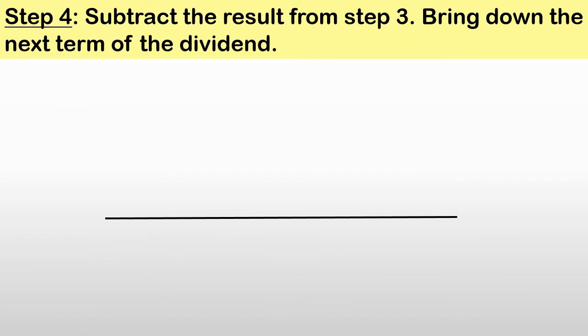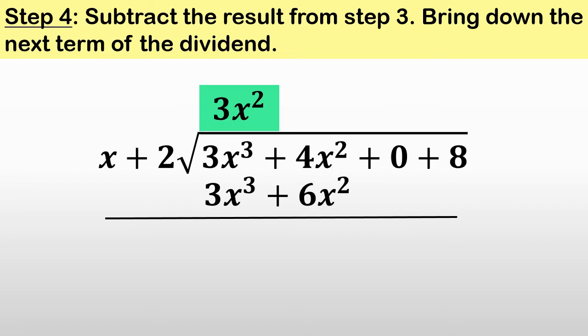Bring down the next term of the dividend. Copy the solution and then put the operation, which is subtraction, to subtract the result from step 3. After we put the operation, let's change the sign of the subtrahend. So, it will become negative, and then let's subtract 3x cubed minus 3x cubed. So, it is cancel out kasi ang value natin ay 0. So, 4x squared minus 6x squared.